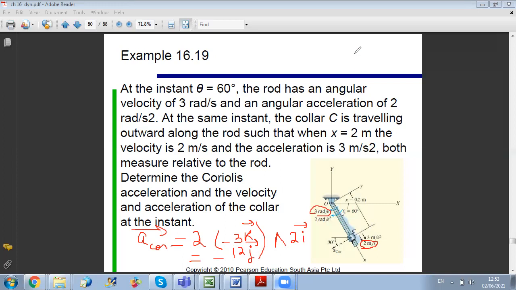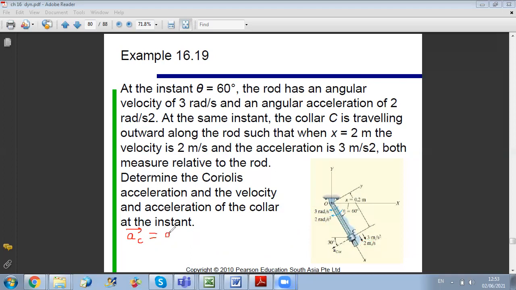As a final step, I will calculate AC. I will apply the formula. AC is equal to AO plus alpha vectorial OC minus omega square times OC.